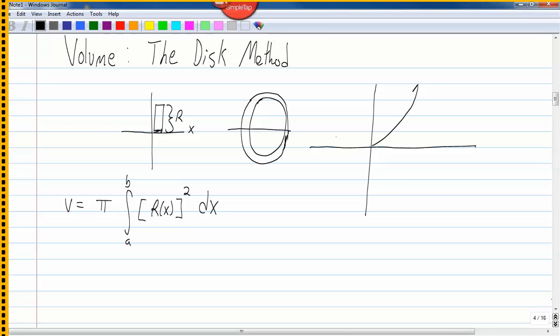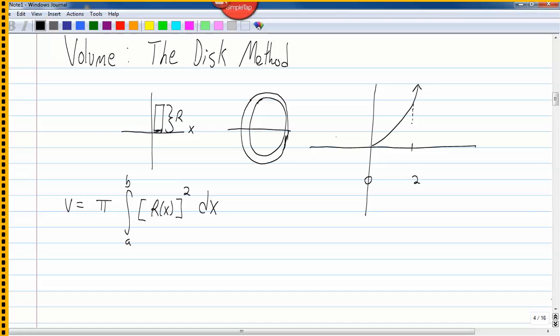Say I wanted to find the volume of the graph of f, looking at just the part where x equals 0 to x equals 2.